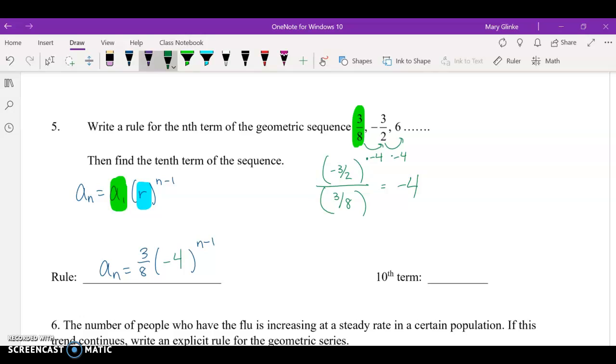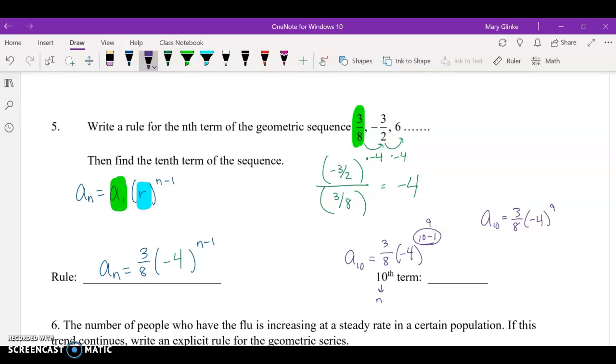To find my 10th term, this is another way of saying a sub 10. 10 is going to be my n value. So I'm going to do 3/8 times -4 to the 10 minus 1. And so you're going to do 10 minus 1, and you're really going to do 3/8 times -4 to the 9th.